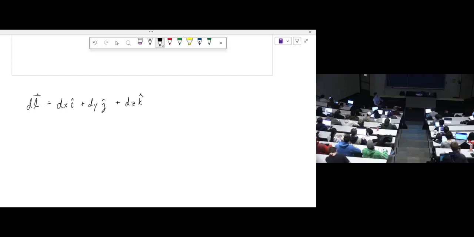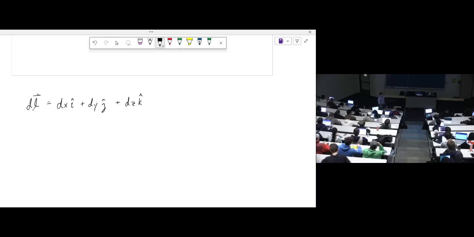That is to say that anytime you're doing a line integral in Cartesian space, what this equation says is that the amount the line changes differentially is equal to how much it changes in the x direction plus how much it changes in the y direction plus how much it changes in the z direction.